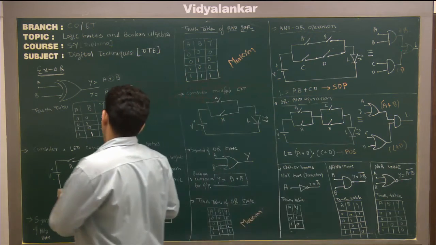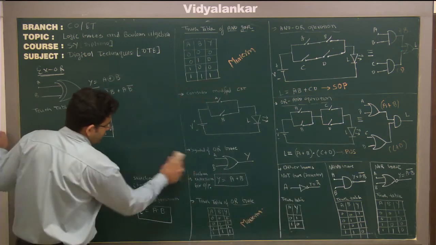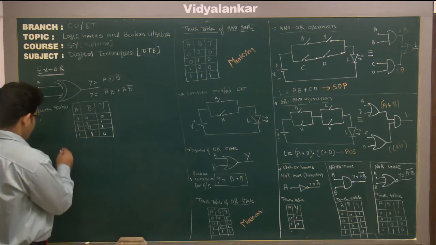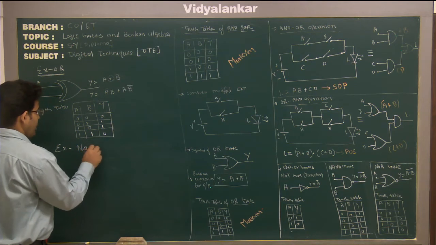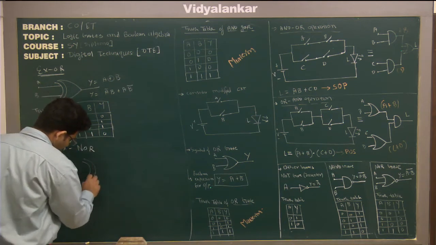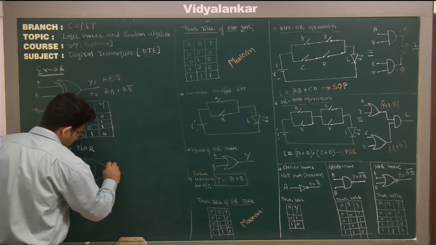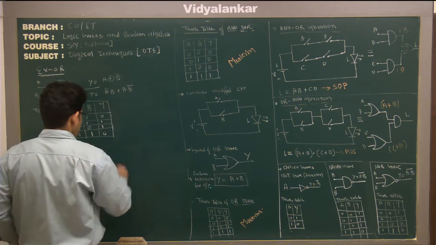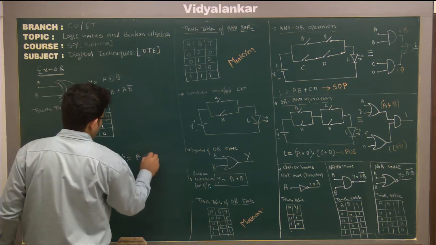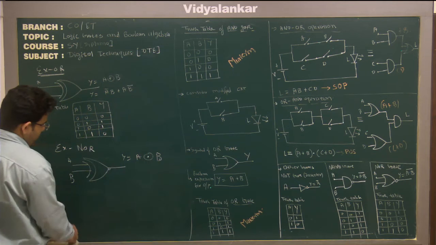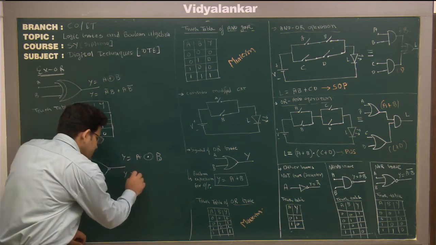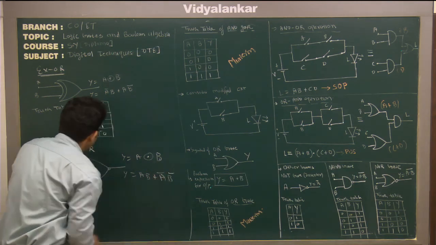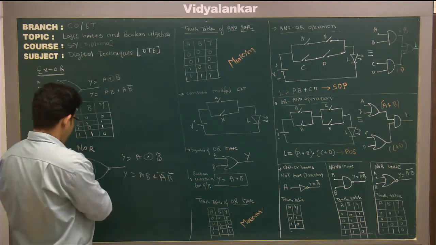And if you add NOT gate to XOR, you will get XNOR. So next one is XNOR gate, which is like NOT added to XOR. Y is equal to A XNOR B, and XNOR expression is A bar B bar, and truth table will be same as this.